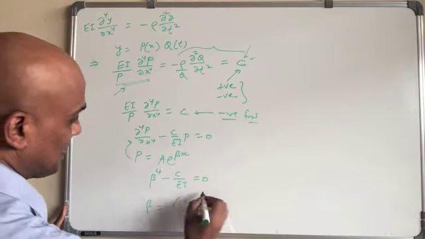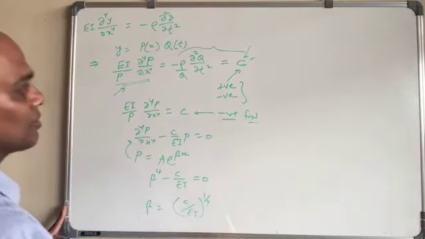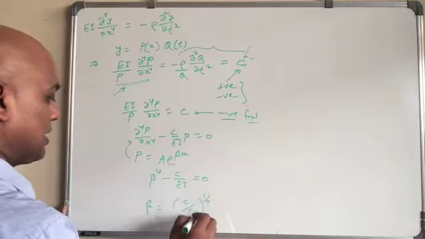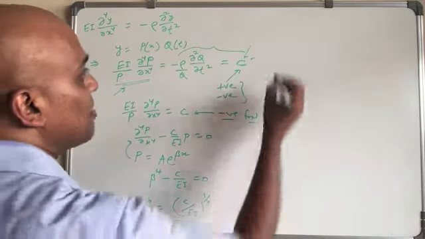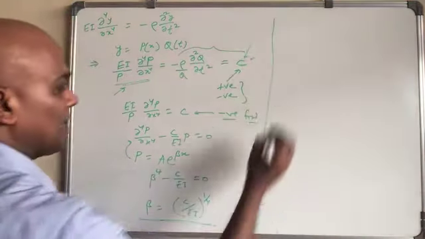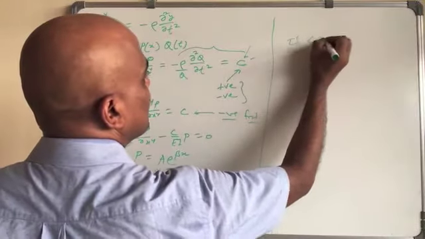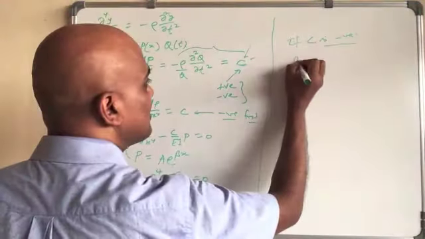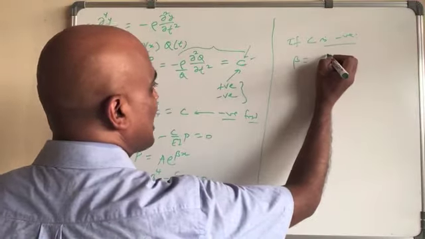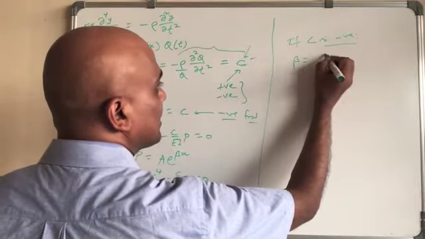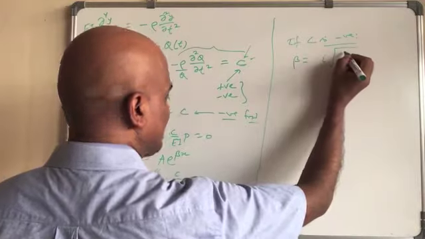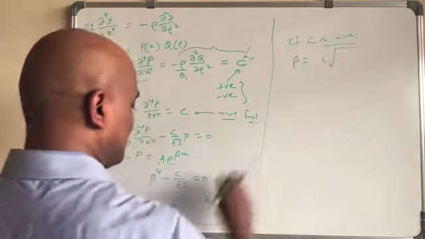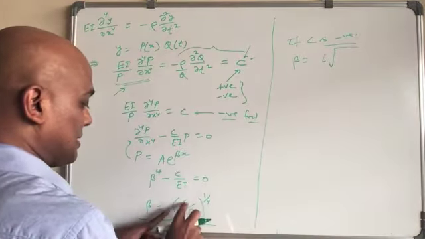So now the fourth root, C over EI to the power 1/4. Now the behavior we can see from here. If C is negative, then what happens? Then what you see is beta becomes equal to I, and this is negative, right? So C is negative.